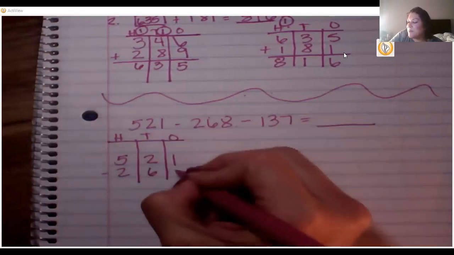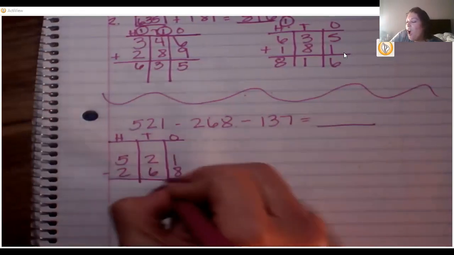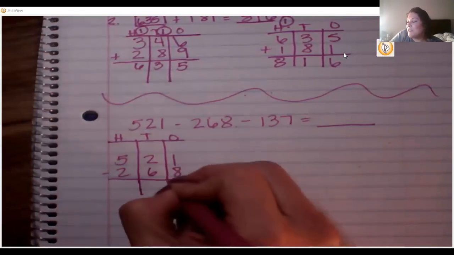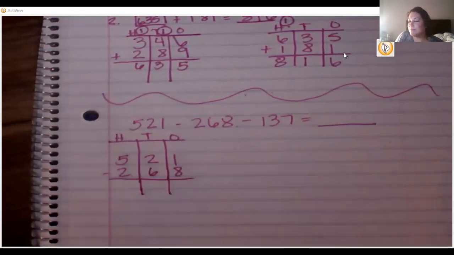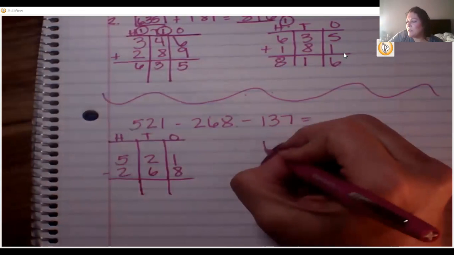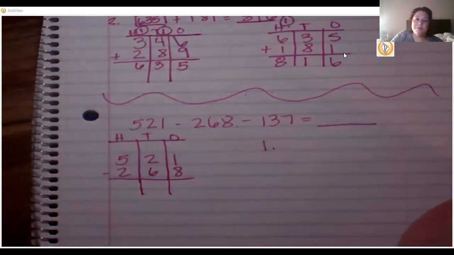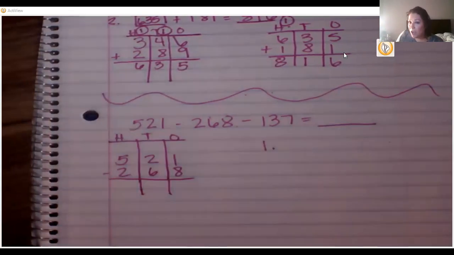and I'm going to take away 268. And as I am doing this, Miss Austin is thinking, oh my goodness, you know what I forgot to do, guys? So sad. I didn't make my plan. How am I even supposed to know exactly which steps I'm supposed to do if I don't make my plan? So I'm going to stop, refocus, and I'm going to make that plan.